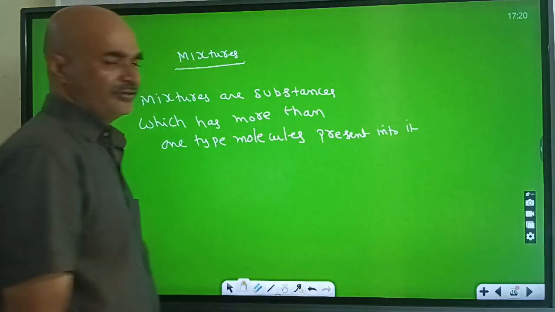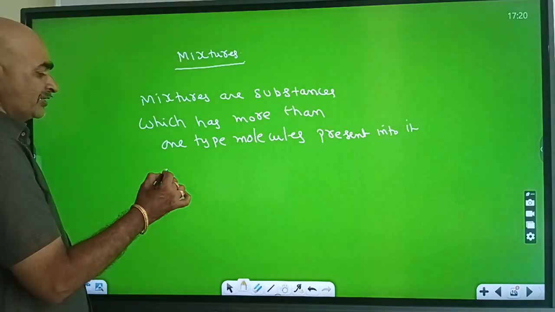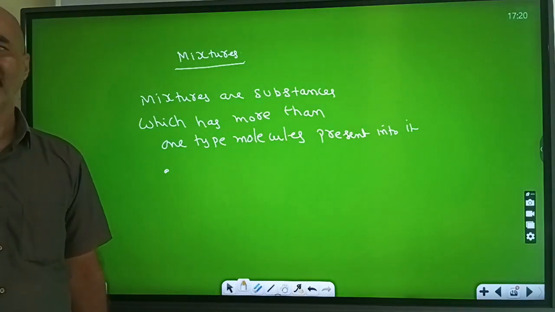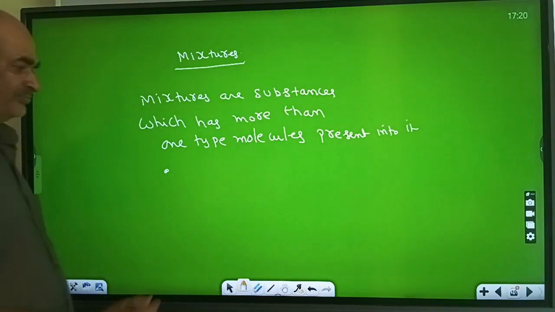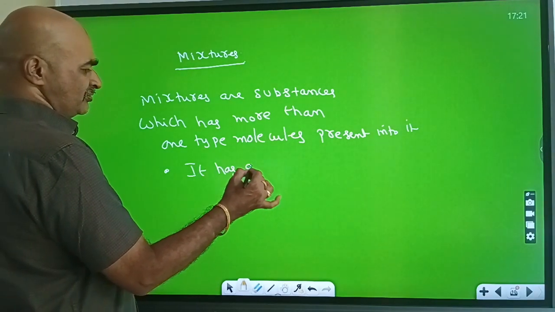These are called mixtures. So, what are the characteristic properties of mixtures? First, they have any composition.